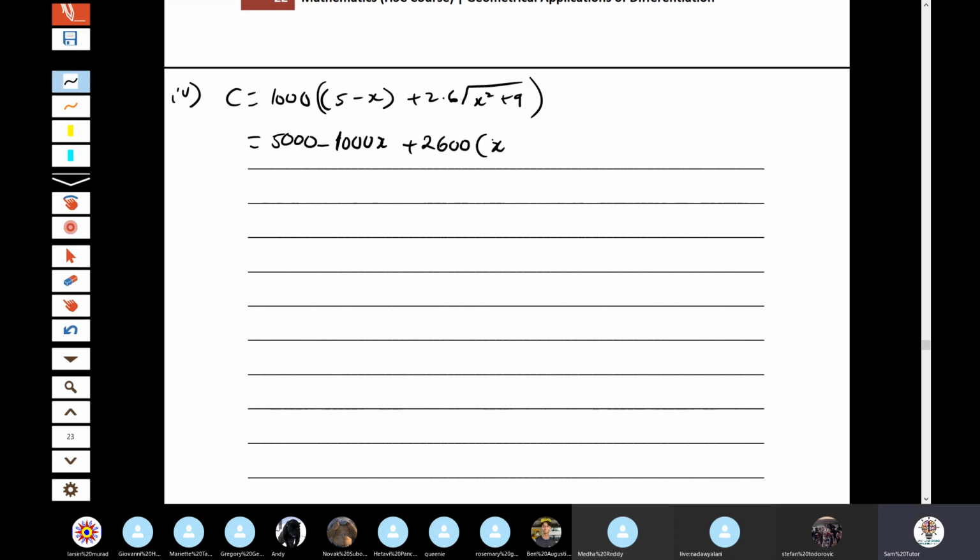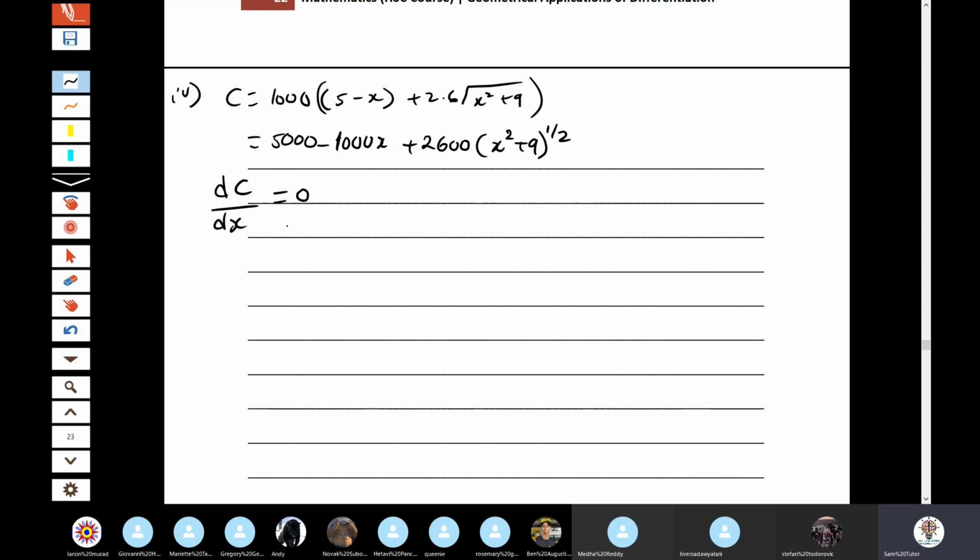And come on, I don't waste time. No surds. I'm not going to rewrite it with a surd. I know what I'm meant to be doing, so why would I write it with a surd? dC on dx must equal to 0 eventually.